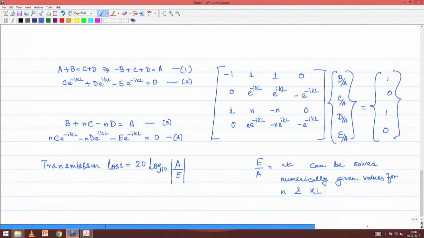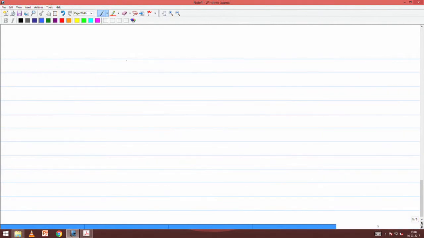So, what I want you to do in an assignment which is almost trivial is to plot this as a function of n and plot this as a function of kl for different values of n. So, what I want you to do now is kl against TL should be plotted for let us say n equals 2, n equals 3 and so on.